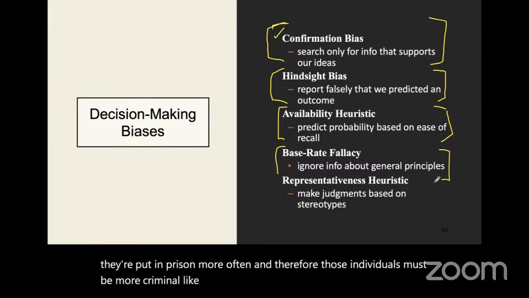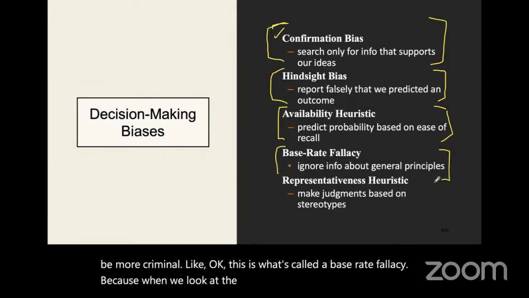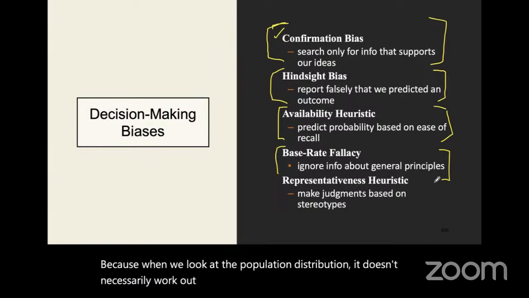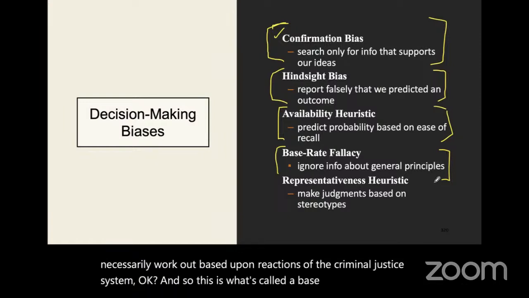Okay, this is what's called a base rate fallacy, because when we look at the population distribution, it doesn't necessarily work out based upon reactions of the criminal justice system, okay? And so this is what's called a base rate fallacy.